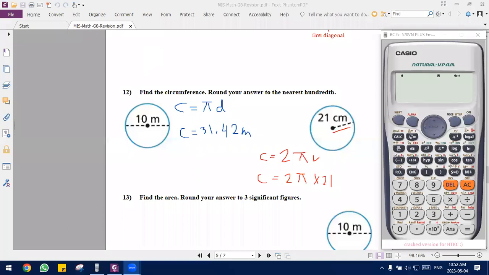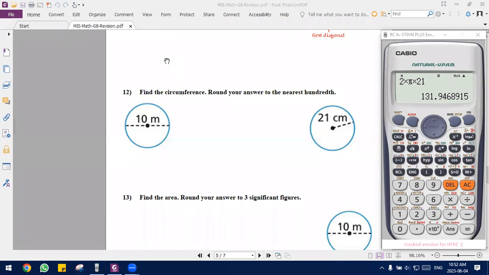Again, we use the calculator: 2 times pi times 21 is 131.95. Then the unit is centimeters. Okay, next.